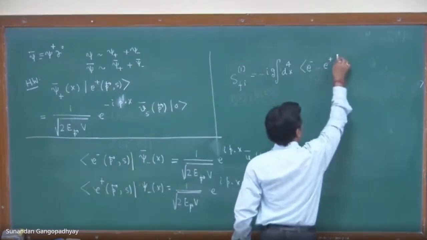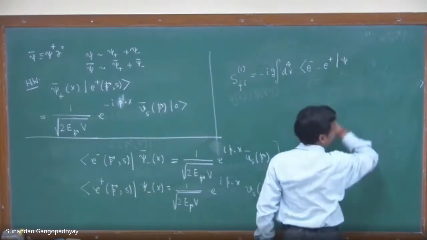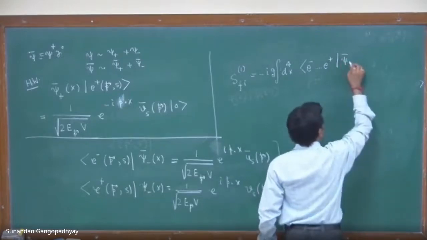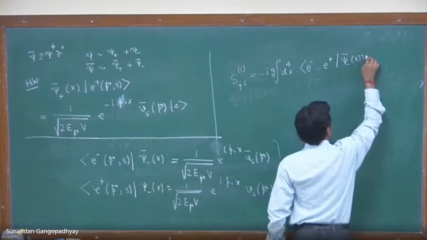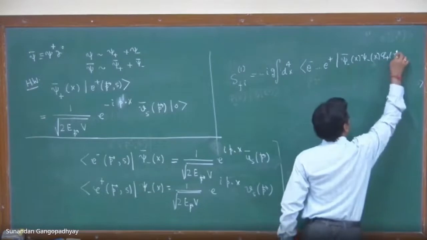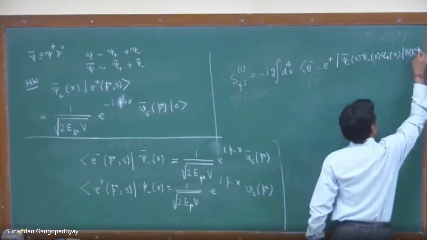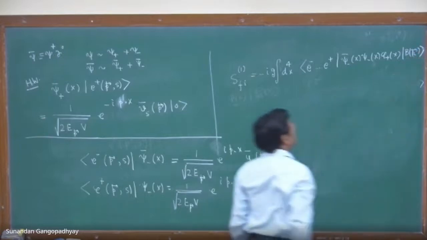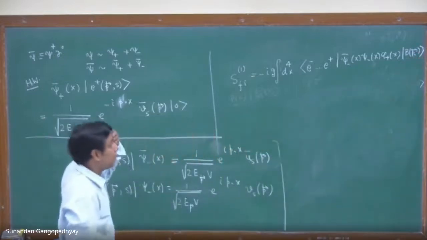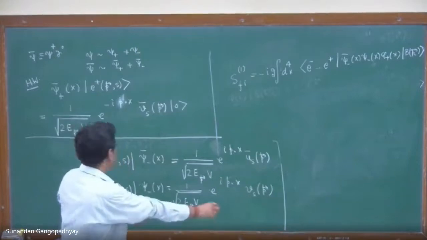I'm not writing arguments. Psi bar minus x, and we know what psi plus on b is.